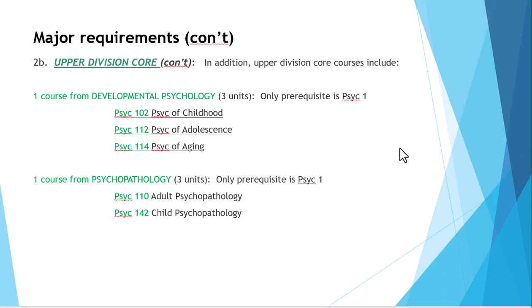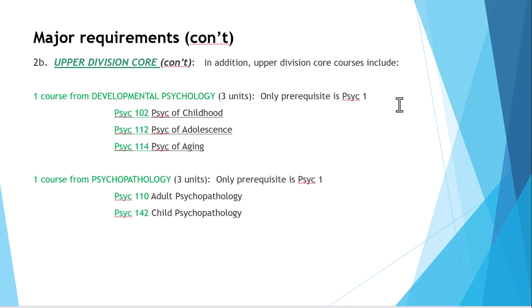Okay, so one thing to note is that the prerequisite for many of these upper division core courses is Psych 1. Okay, so as I said earlier, once you've completed Psych 1, then you're able to enroll in many of our upper division psychology classes.